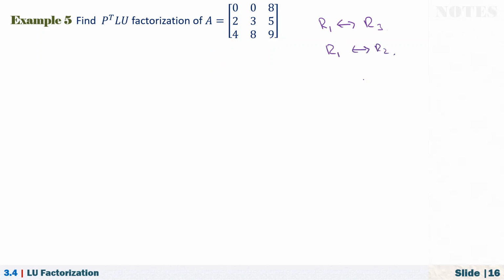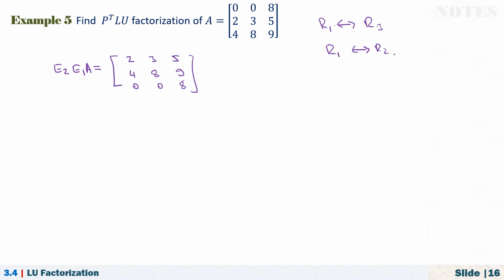So at this time, what we have here is a new matrix. I just did two things, E1 and E2. So this 2 goes up: 2, 3, 5. Here we have 4, 8 and 9. And here we have 0, 0 and 8. If I perform these two operations on matrix A, we obtain this.